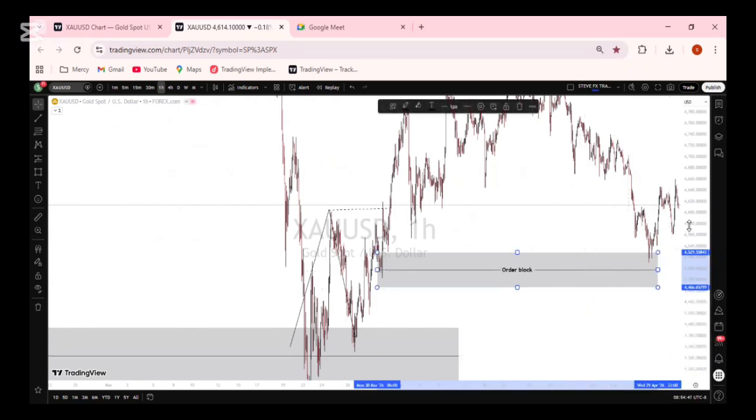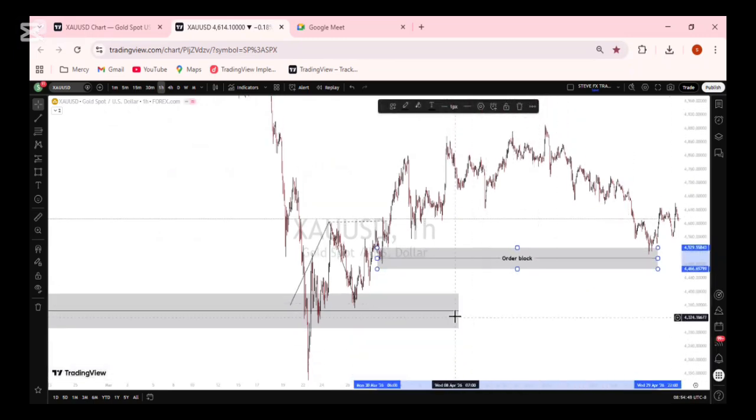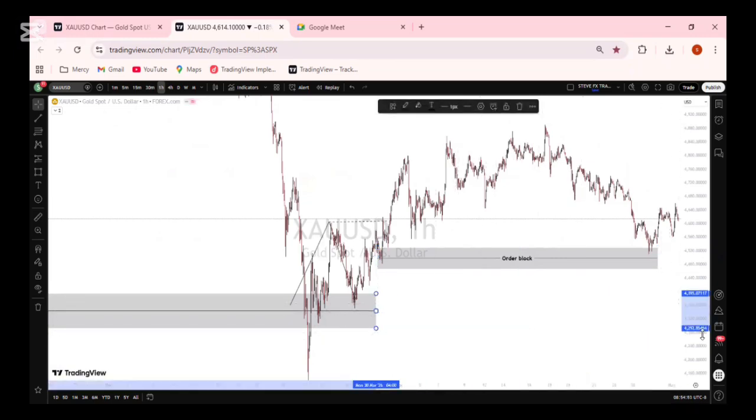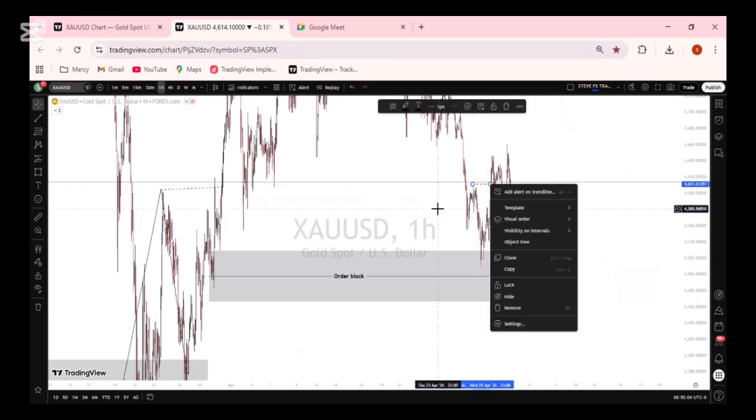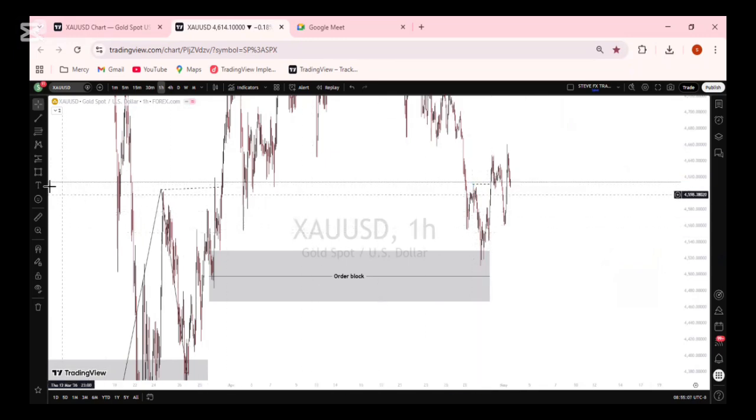And then the market broke structure, or there was a shift in market structure.